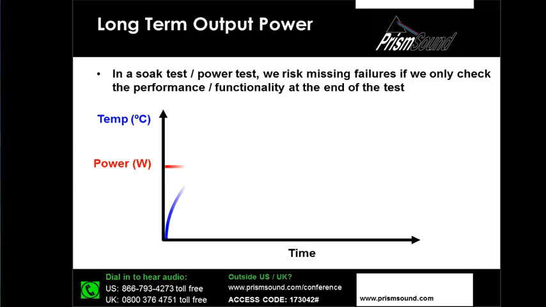Now what might happen is that this sort of scenario could occur. We've got a constant output power from our power amplifier as it sits there on the bench, and it slowly warms up as the output devices and possibly the heatsinks too start to warm up. And what might happen is if this thing gets too hot because we haven't designed it properly or there's a fault with it, well, it may blow up.